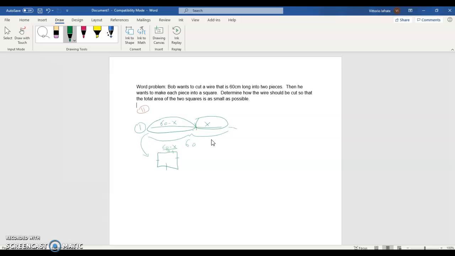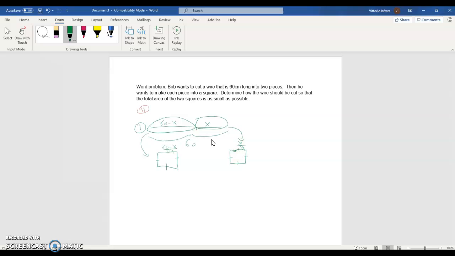And then with this one, we'll also make a square. All the sides are the same here. The entire perimeter must be x, because that's the length of the string. So since there's 4 sides, the length of a side is going to be x over 4, right? Because we're dividing by 4 sides.